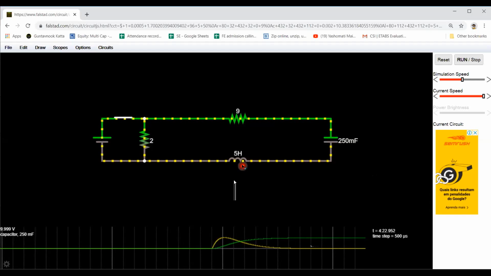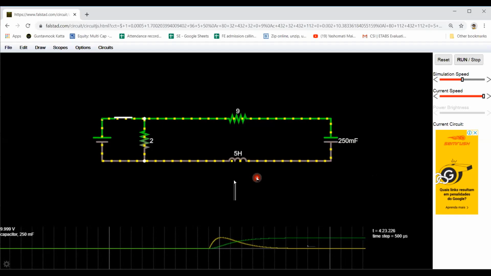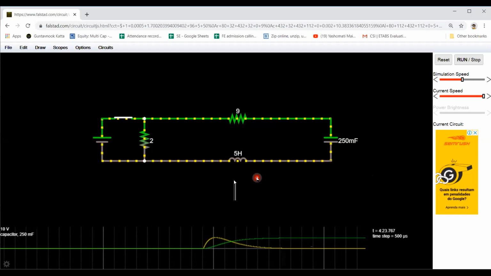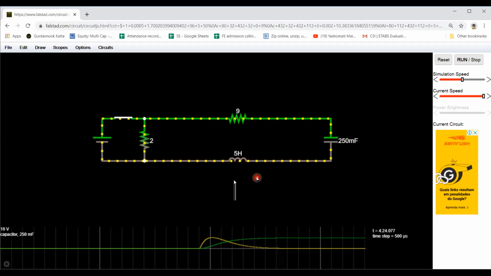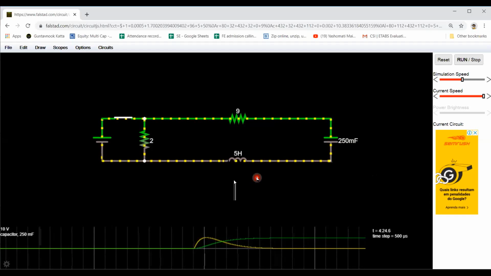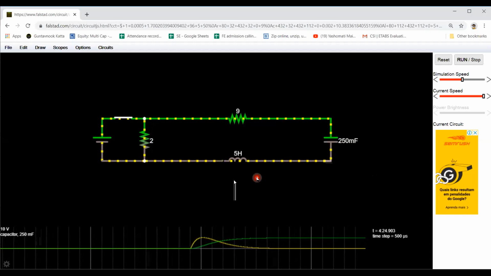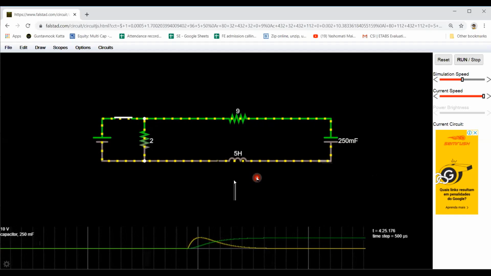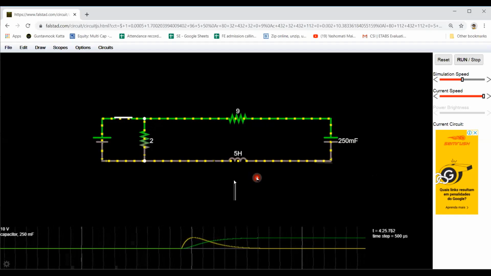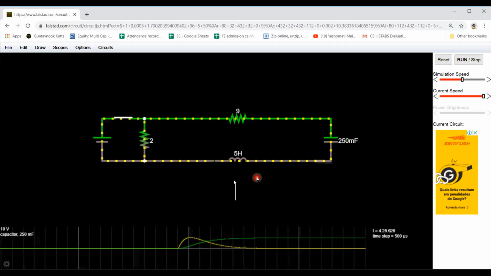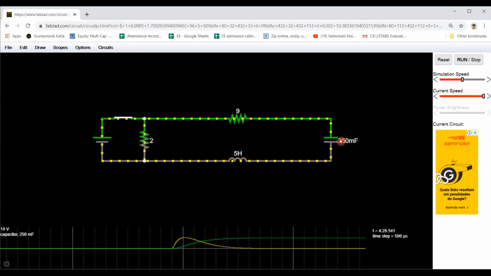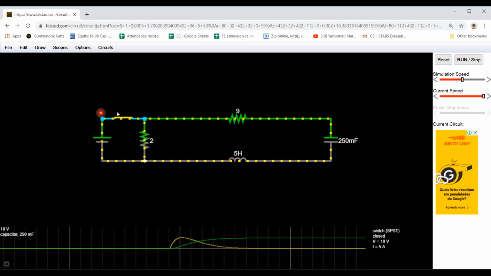So 1 over 5 into C will be equal to 0.4, let us say. If you calculate from this, the value of C is 5 into 0.4, so it is coming out as 2 farad. Sorry, 500 millifarad.